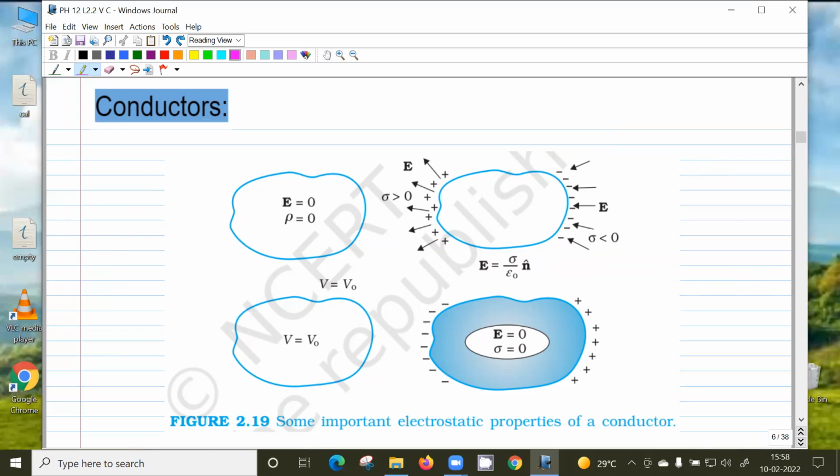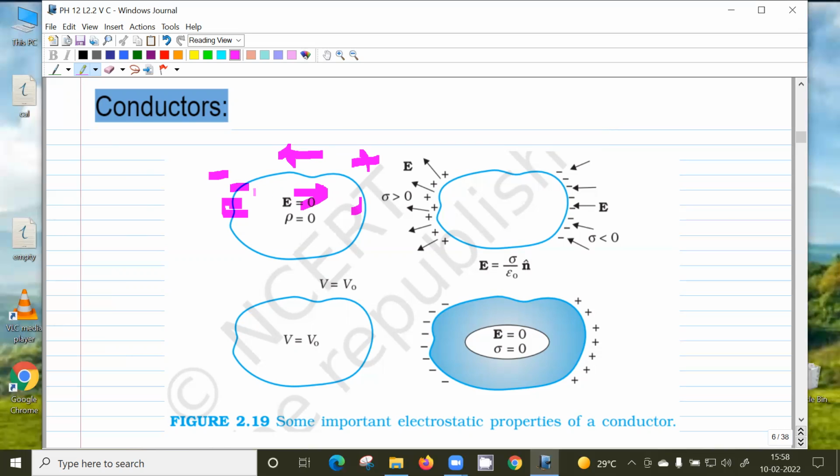So once the charges are free to move, the inside electric field will be 0. Because if there is some electric field, and there are a lot of free electrons here, the electrons will move in this way and occupy here. So here will be negative charge, and here will be positive charge. Because of this induced charge, there will be an electric field inside which will cancel the external field.